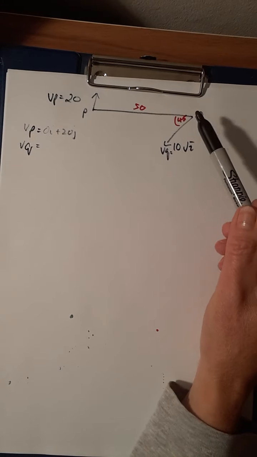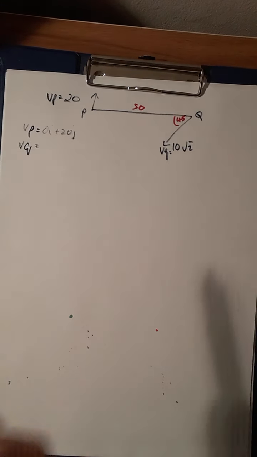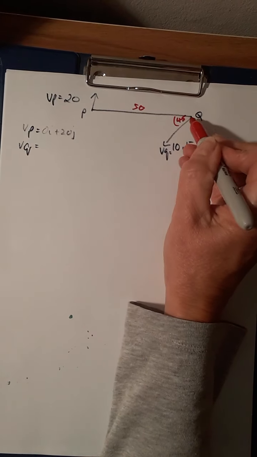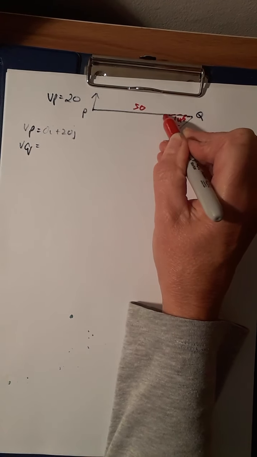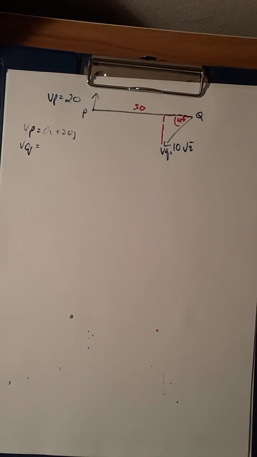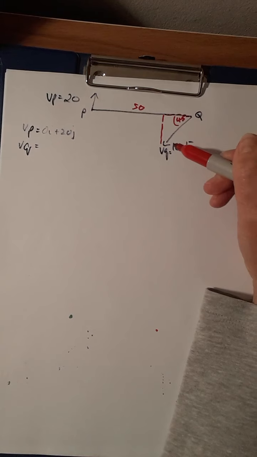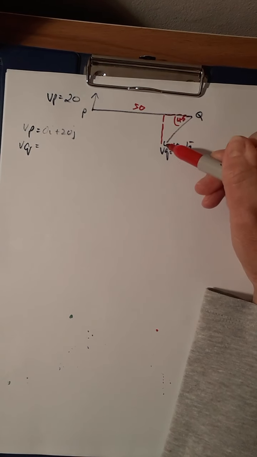Now to get it in terms of I and J, what I have to do is draw a right angle triangle around Q, like this, and find the I component and the J component. 10 root 2 is the speed, that's the hypotenuse.